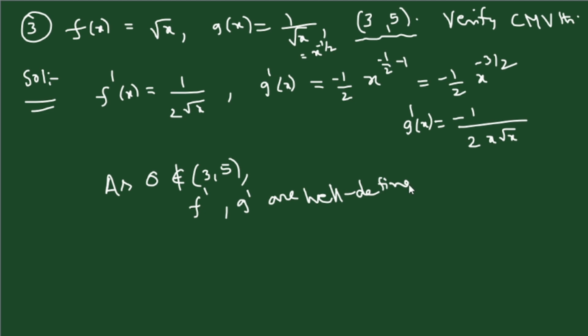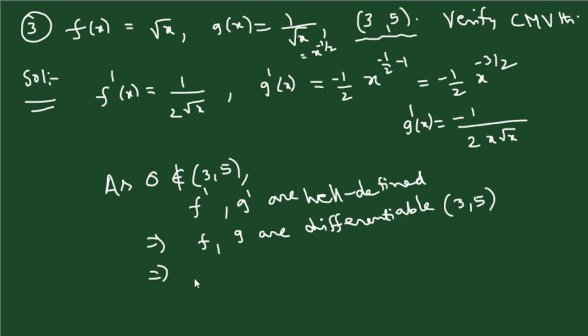They are well defined and f and g are differentiable in the interval 3 comma 5. Differentiability implies continuity. Therefore, f comma g are continuous not only in the open interval but also in the closed interval.